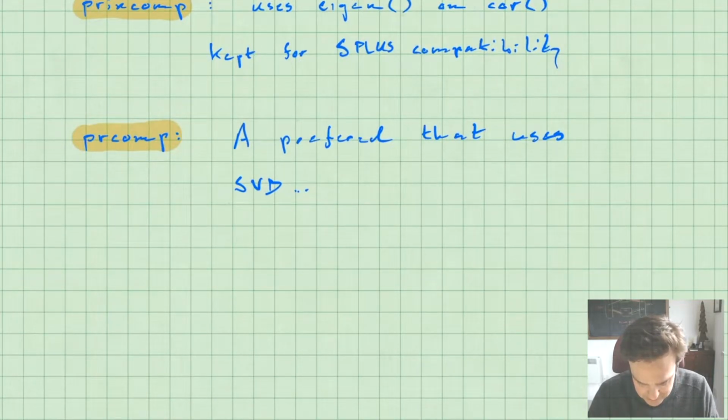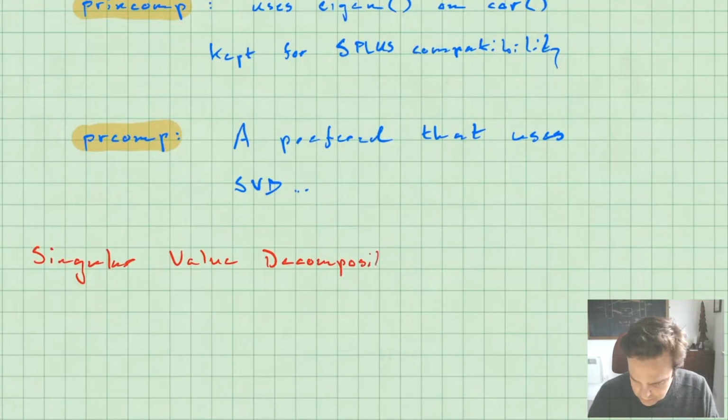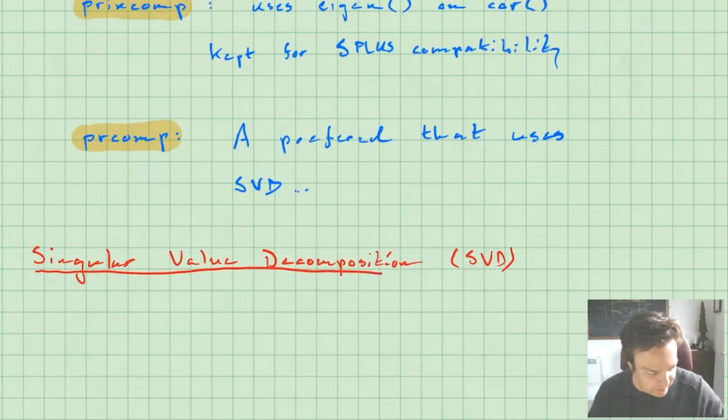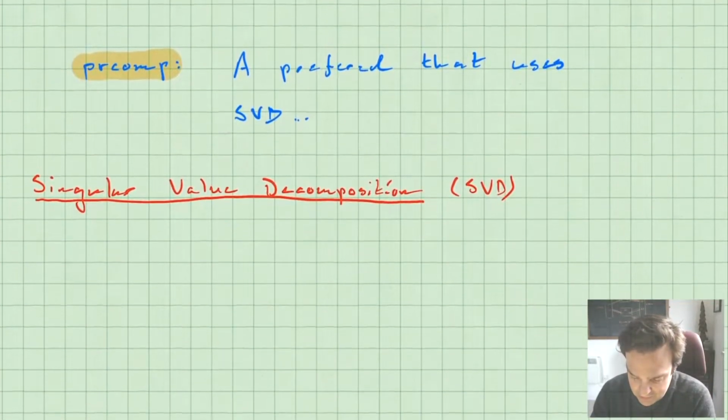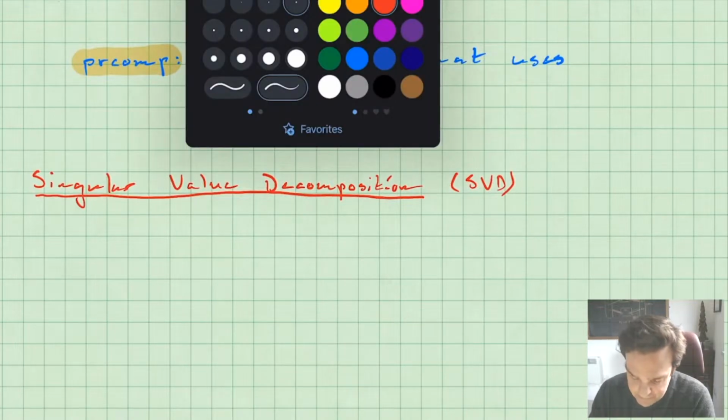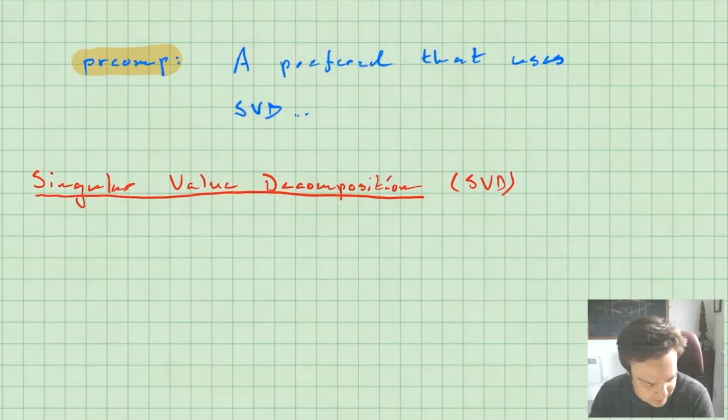So SVD, or rather, let's call it by its full name, Singular Value Decomposition, SVD for short. Singular value decomposition is a method that you'll see in a variety of different places. I want to highlight today some of the advantages of it, why it is useful, what it is good for.